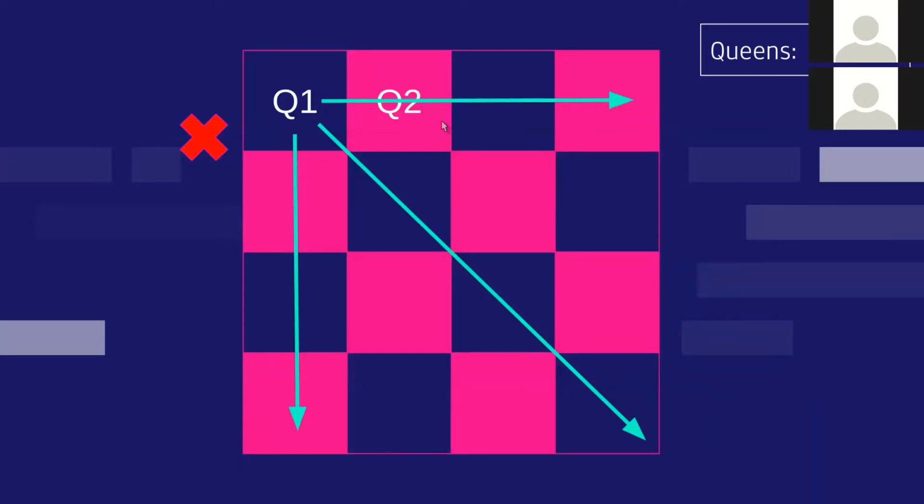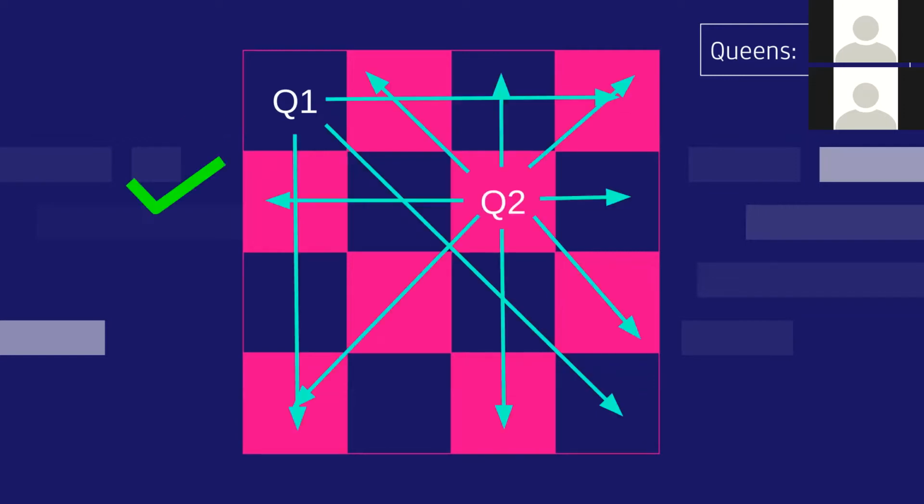We try all possible squares like this. Next q2 goes here, next here, it doesn't work, this doesn't work, this doesn't work, and this works because q2 is not attacking q1, and vice versa.